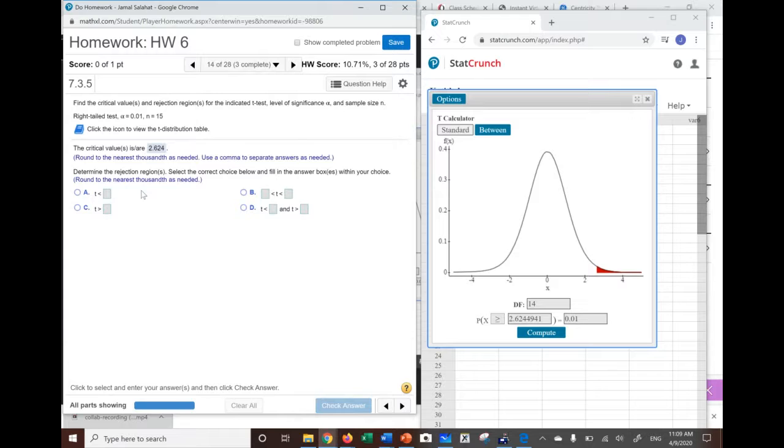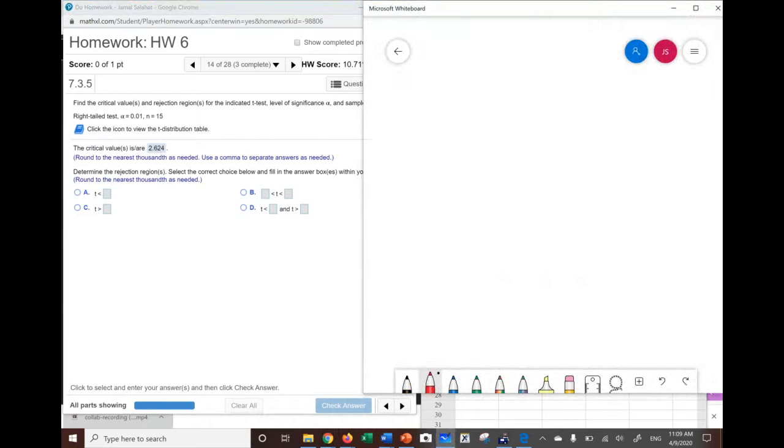The second part, it says determine the rejection region. Notice that the rejection region is the red shaded area here. Notice this area is greater than. So we have this critical value, and let me just show that in my drawing in there. It looks like this.